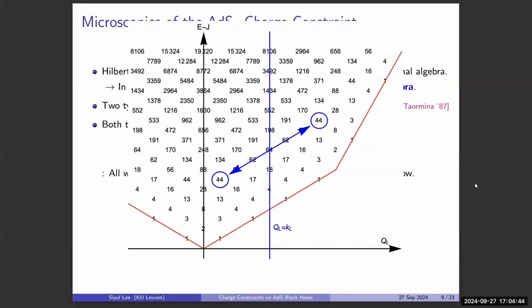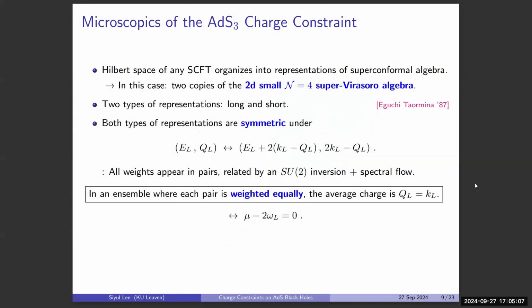And as a result, if you average over these 44 and these 44 states, then the average value of the charge QL will be equal to KL. But of course, that's only possible provided that these two sets of 44 states are summed with equal statistical weight. And that condition corresponds to this relation between the chemical potentials.